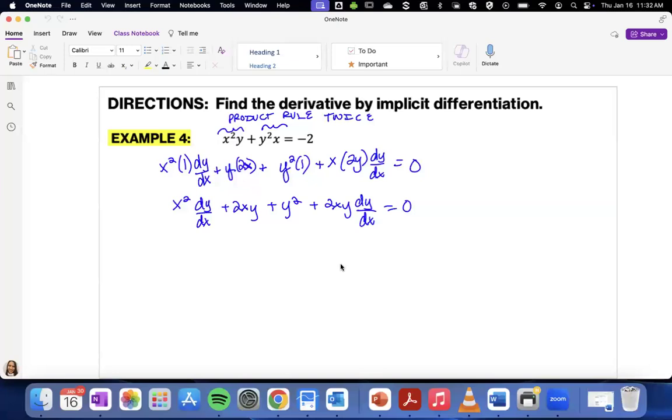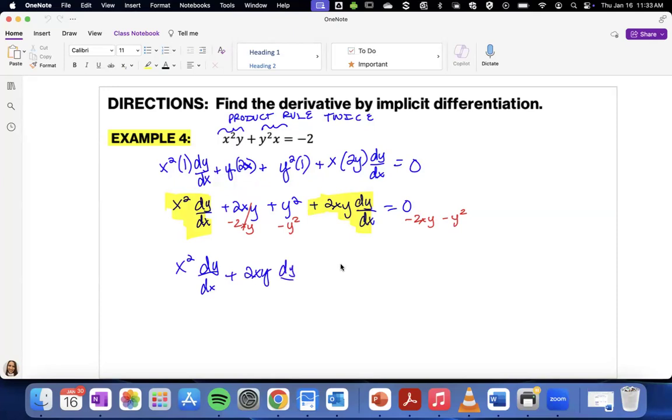Yeah, so the only terms I want on this left side here are these 2. So I'm going to subtract everything else over. I'm going to subtract over my 2xy and my y squared. You don't have to write this part in red, but I'm just showing you that's what I'm going to do. x squared dy over dx plus 2xy dy over dx.